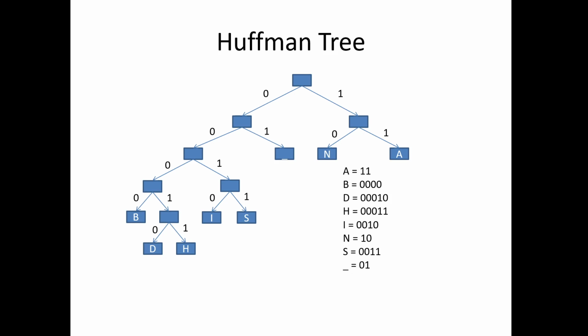And so here I've got an example that we'll look at in more detail again in a future video, where we've encoded some text data that has 8 symbols in it: A, B, D, H, I, N, S, and space. And we've encoded it using this encoding scheme that we've got listed here that we derived by applying Huffman's algorithm, which creates this Huffman tree.